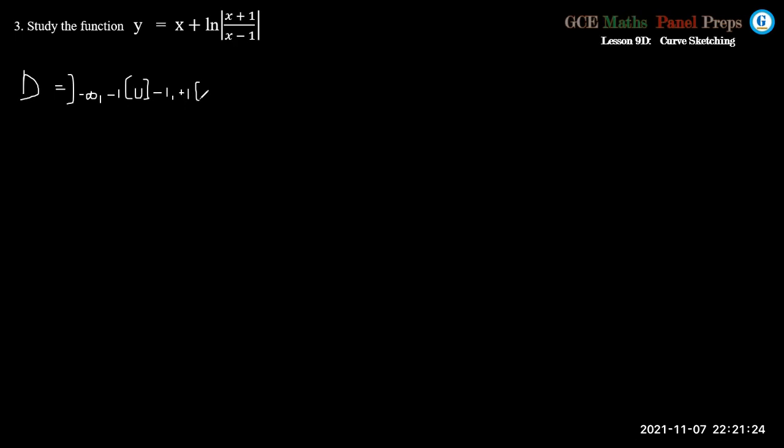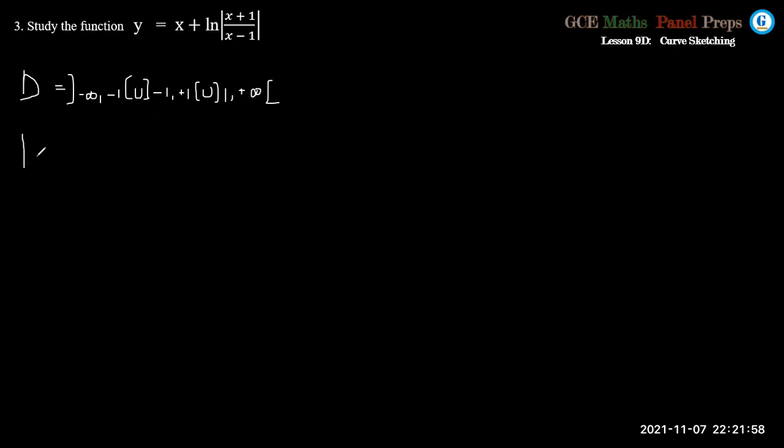Union +1 to +infinity. So this is the domain of this function. Sorry, negative infinity to -1, -1 to +1, and +1 to +infinity.